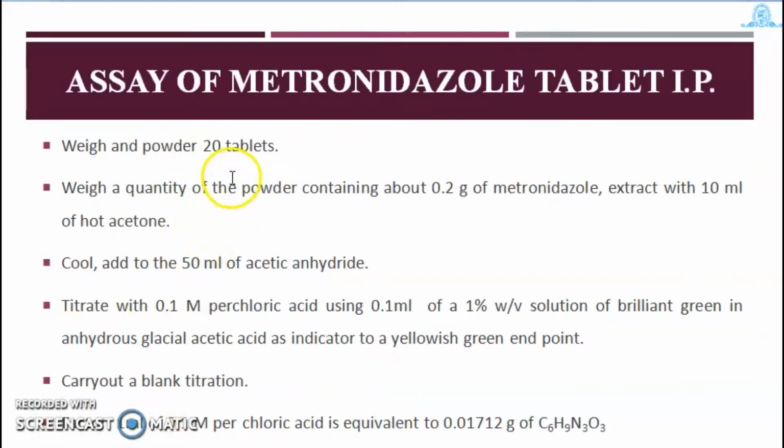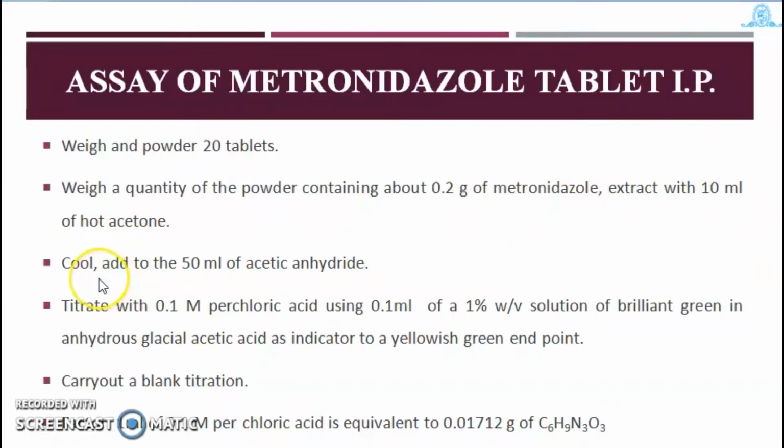Let us see the assay method for the metronidazole tablet. First of all, we have to take 20 tablets, weigh them and powder them. Then weigh a quantity of the powder containing about 0.2 gram of metronidazole and extract with 10 ml of hot acetone.